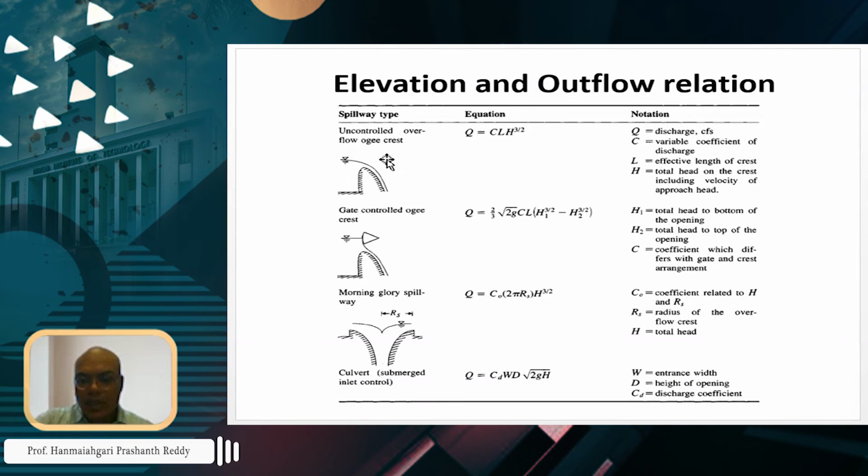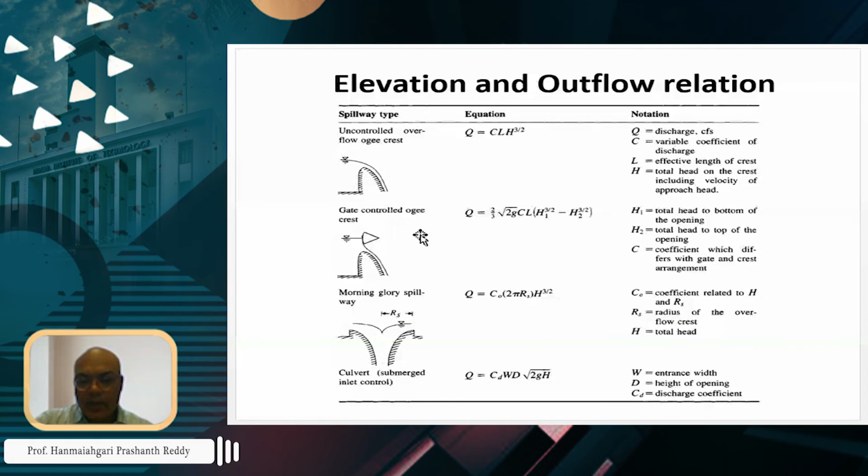Suppose it is an uncontrolled spillway, then discharge over this spillway is given by Q = C L H^(3/2), where H is known, L is the length of the crest, and C is a discharge constant. C is calculated by a hydraulic model in the laboratory. So C is known, L is known, H is known, then Q is calculated.